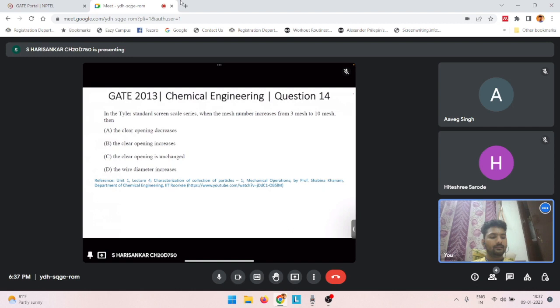So here they have mentioned a Tyler mesh, or a Tyler standard screen, or a Tyler mesh screen. A typical mesh screen will look like this. It is basically a plate having wires crossed at right angles.